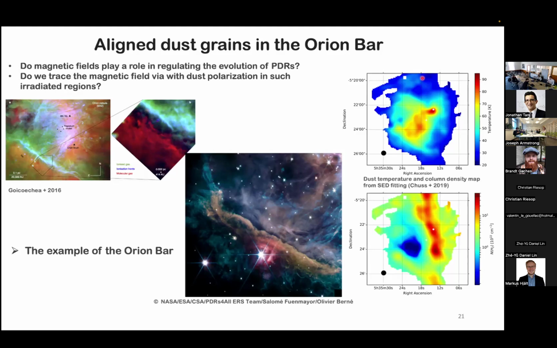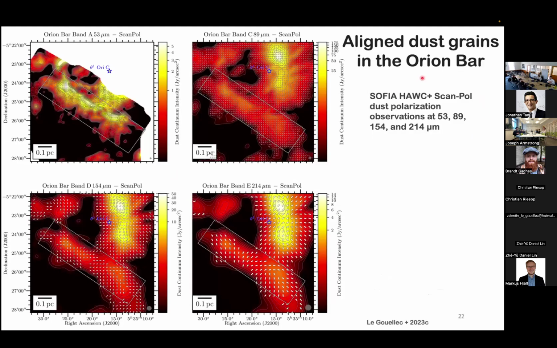So we looked at the Orion bar with SOFIA using HAWC+ at 4 different wavelengths: 53, 89, 154, 214 microns. We looked at the dust polarization, and we modeled the grain alignment with an analytical model, and we tried to quantify this rotational disruption to see if it is actually really happening or not.